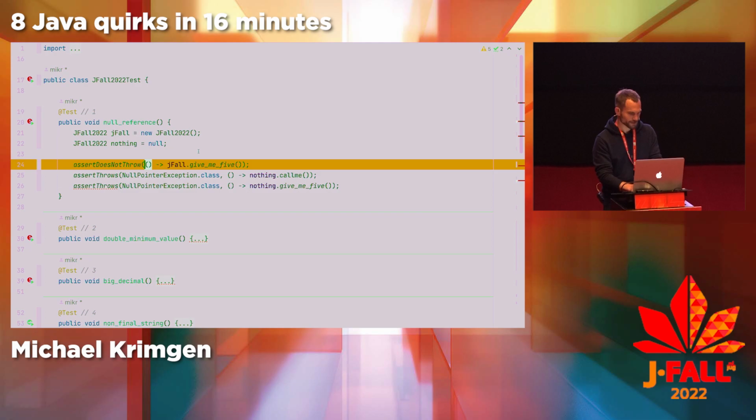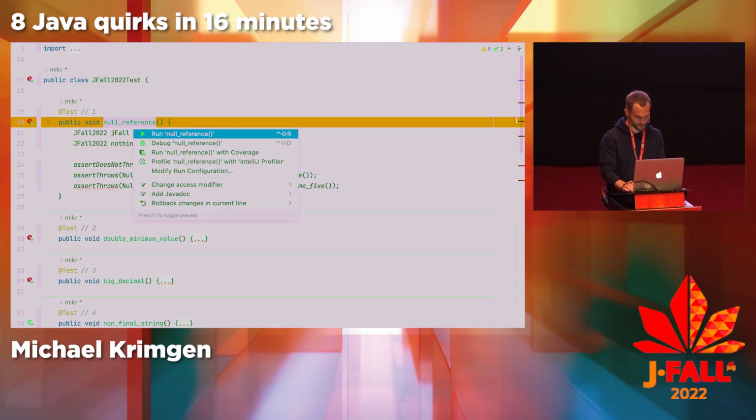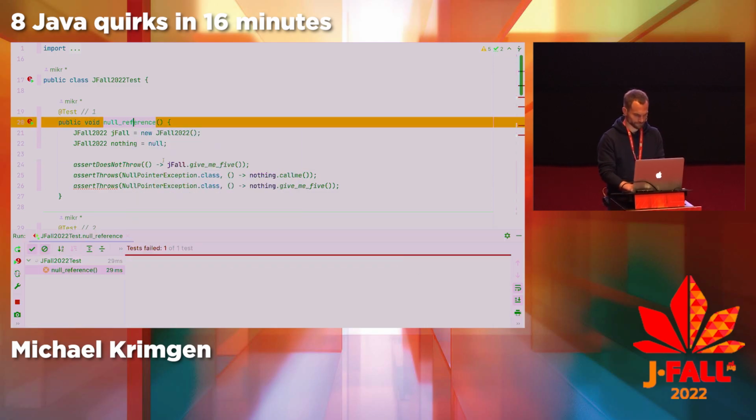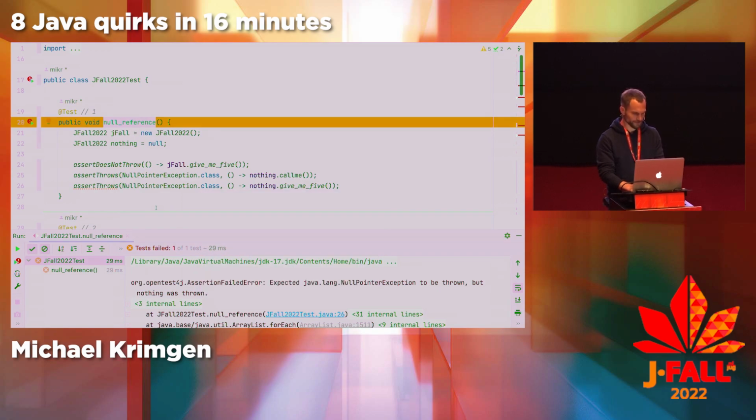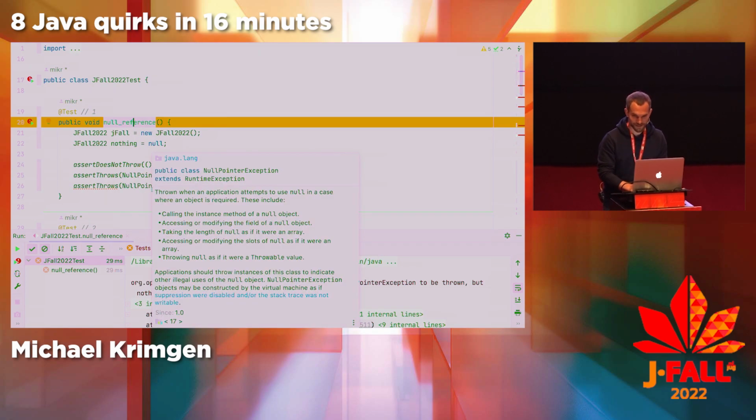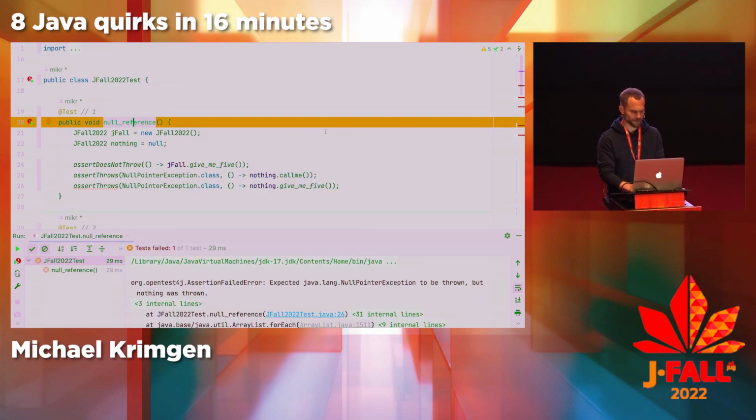The second one, it's called or nothing. So null, okay, that should give a null pointer exception, right? The next one here should also give a null pointer exception. So I have these asserts here. However, if I run this test, you see it's failing, because I expect a null pointer exception, and you would think, why do I call null dot give me this?